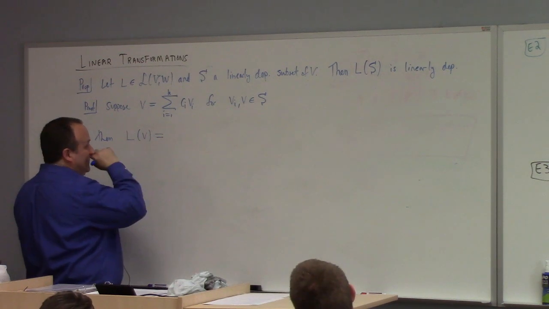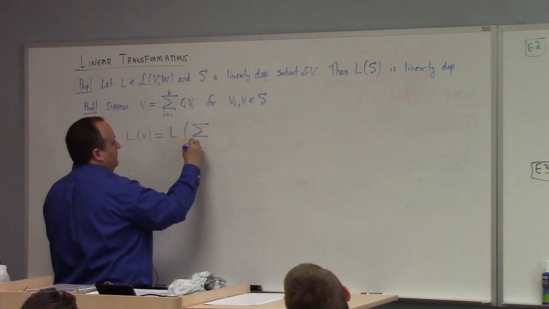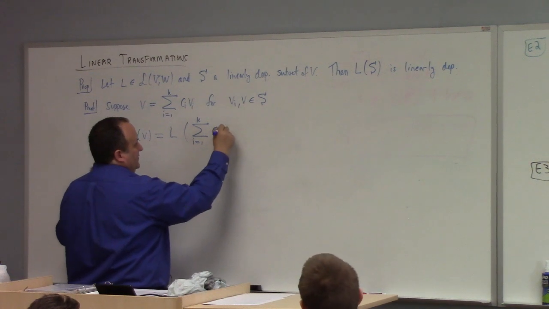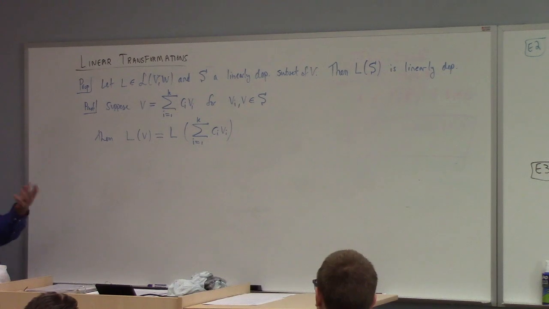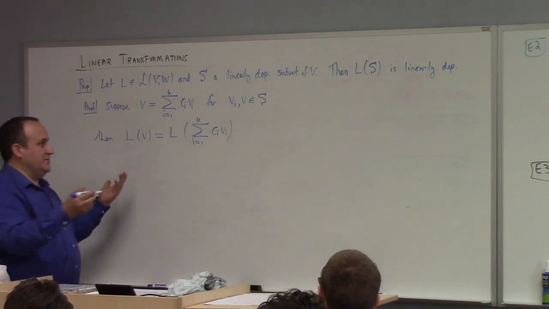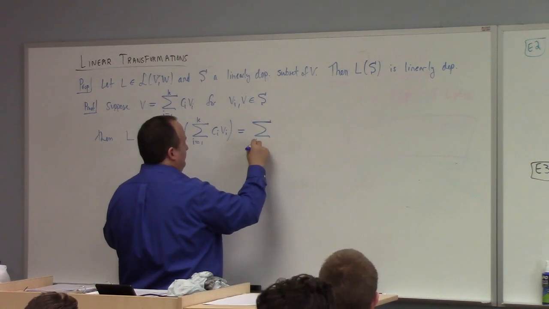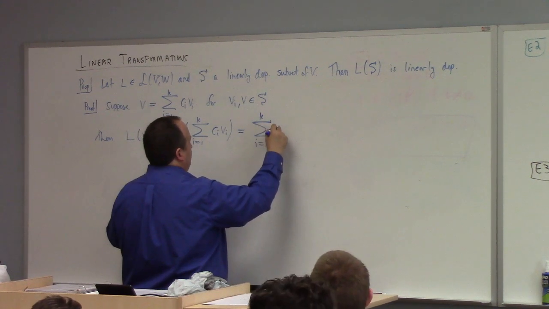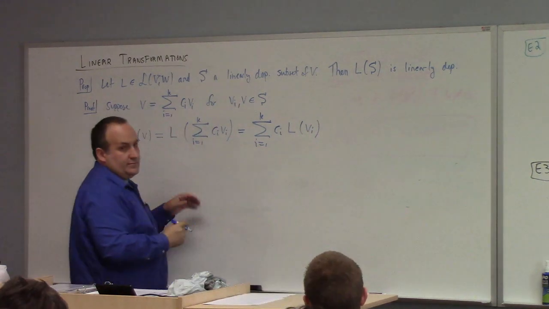Well, L of v is equal to L of this sum, yeah? But what did we just prove? We just proved that the definition of linearity extends past two things to as many things as you like, right? In other words, we can pull the finite sum out. And what do you got? What is this? Linear combination.